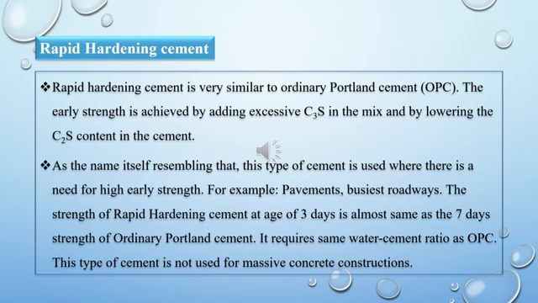First one is, if you increase the C3S and lower the C2S, then rapid hardening cement is formed. Then rapid hardening cement is used for the busiest roadways, and it has strength after 3 days like ordinary Portland cement has strength after 7 days.